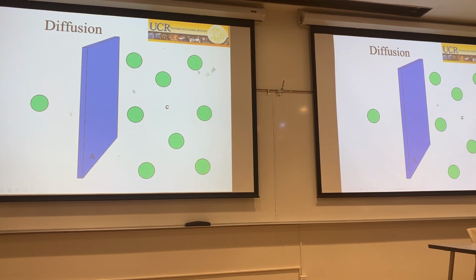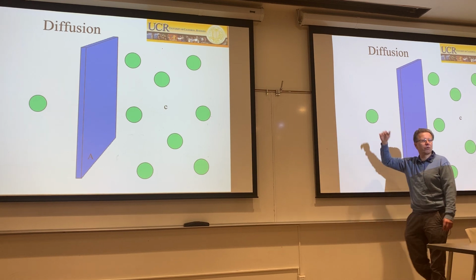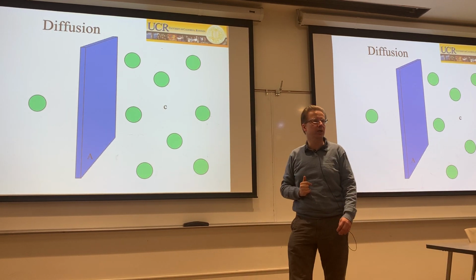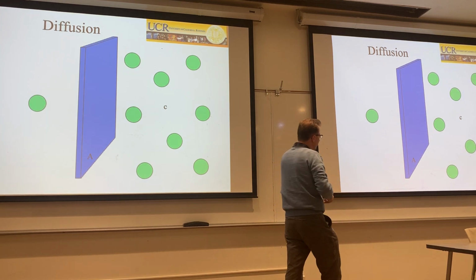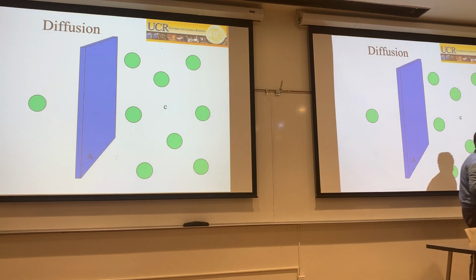Because there are just more molecules on the right-hand side in the first place. And so there are more which can come from the right-hand side and move across that imagined area A over here, this imagined cross-section, than there are molecules coming from the left-hand side moving across that, because it's just one molecule in the first place. There can't be so many.